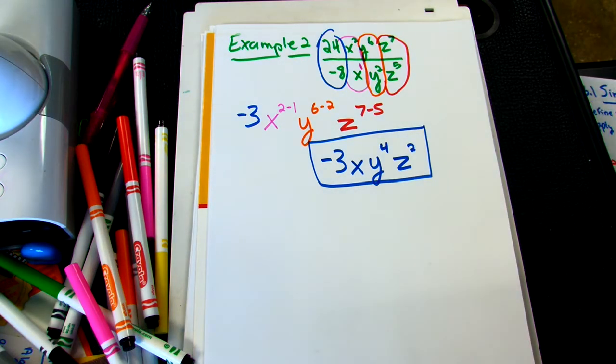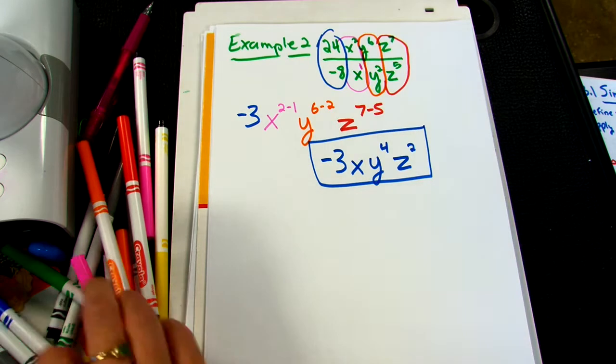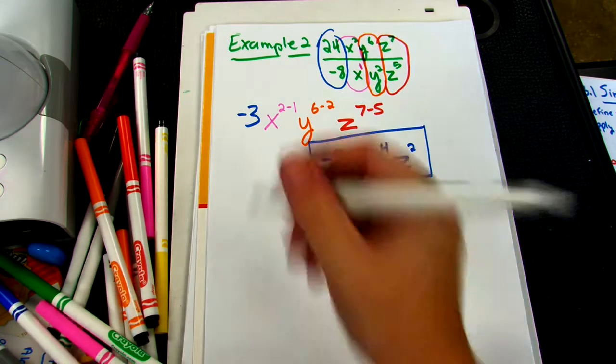All right, now to review another property. I want to recall the negative exponent property. That's our next property we're going to talk about.